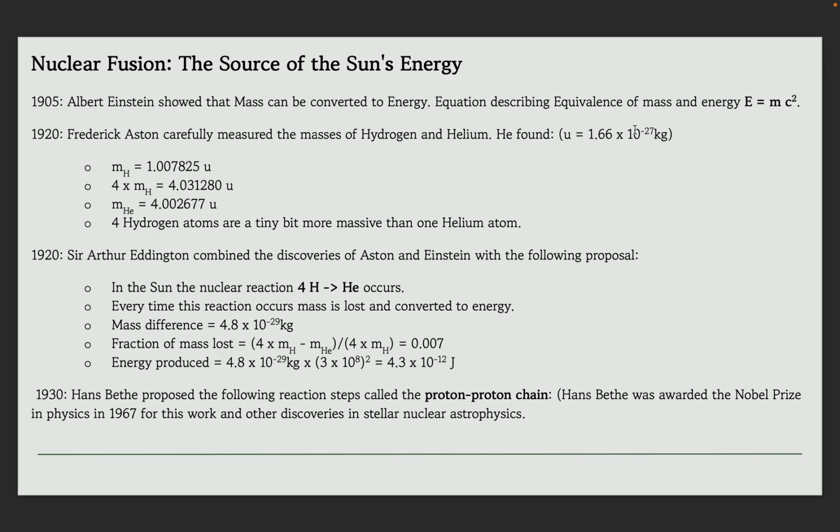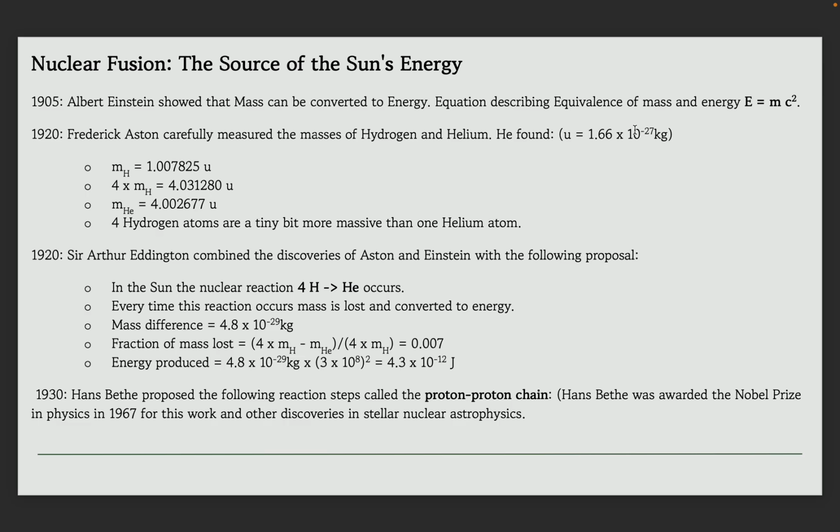The mass difference is about 4.031280 minus 4.002677 units, that is about 4.8 into 10 to the power minus 29 kg. The fraction of the mass lost is 0.007, and the energy produced is equal to 4.3 into 10 to the power minus 12 joule.